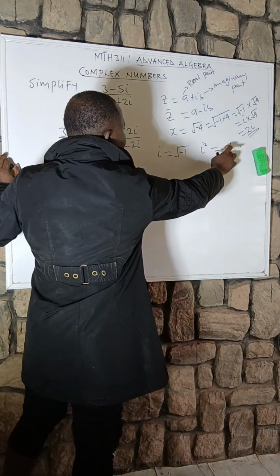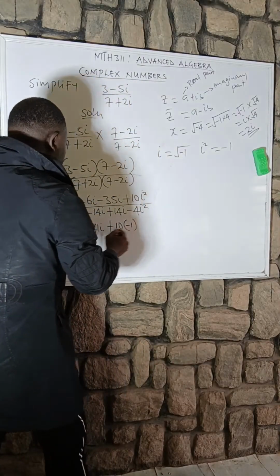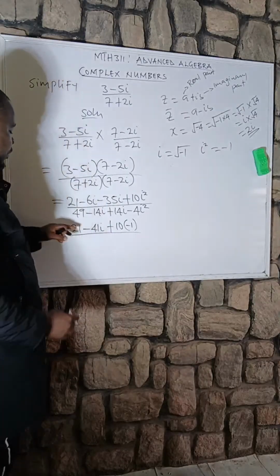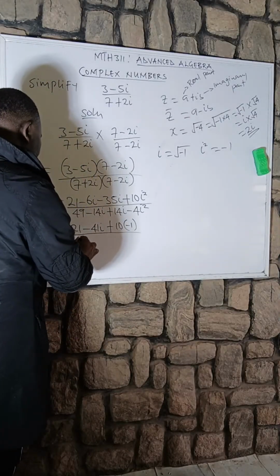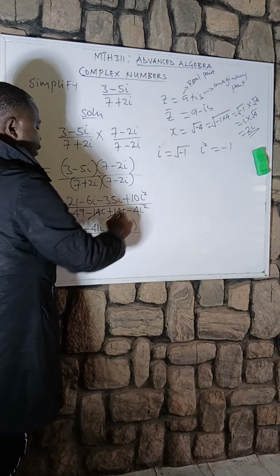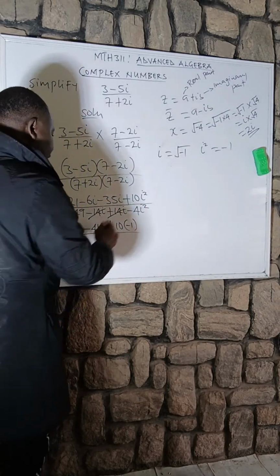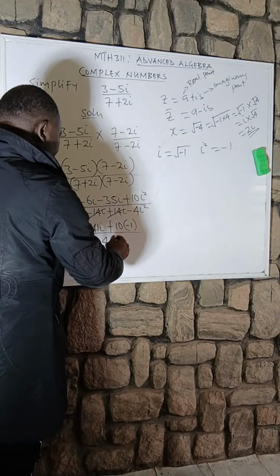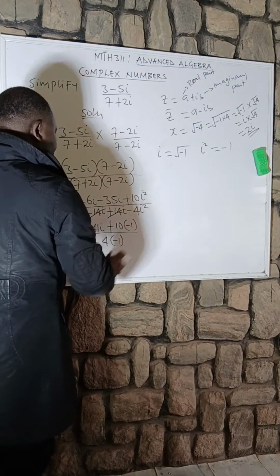Let's recall, i squared is minus 1. Minus 1. Then all over, you don't need a prophet to tell you here we have 49. Then minus 14i plus 14i, this and this will go. Amen? Amen. Then minus 4, open bracket, i squared is what? Minus 1. Can you see now?